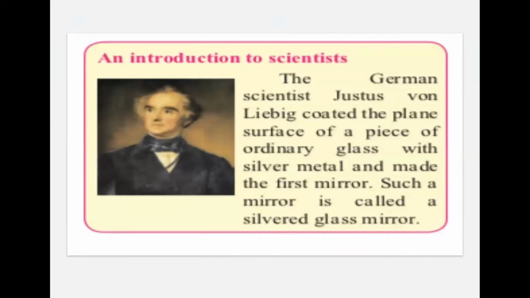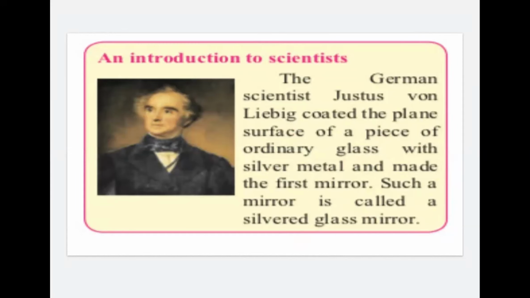Now here we will come across a scientist named Justus von Liebig. He is a German scientist and he is the one who invented the plane mirror which we use in our day-to-day life. He coated the plane surface of a piece of ordinary glass with silver metal and made the first mirror. Such a mirror is called a silver glass mirror.